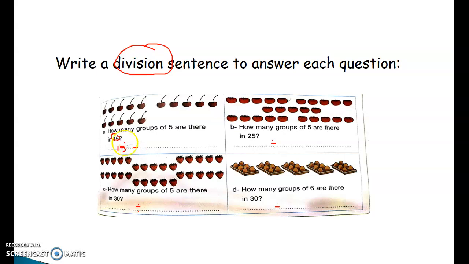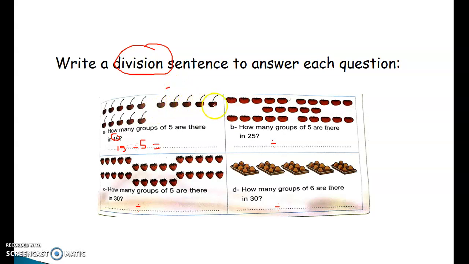We are splitting the 15 into groups. Inside each group, how many fruits do we have? 5. So 15 divided by 5 equals. To know how much, let's split these fruits into groups of 5, I mean each group composed of 5.